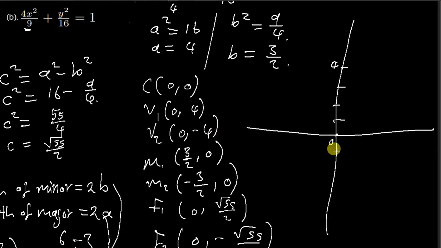Then 0, negative 4, 1, 2, 3, 4, negative 4. And then 3 over 2 is just the same as 1.5. So if this is my 1, my 3 over 2 can just be somewhere there. Even this side, if this is my 1, my 3 over 2 will just be somewhere there.